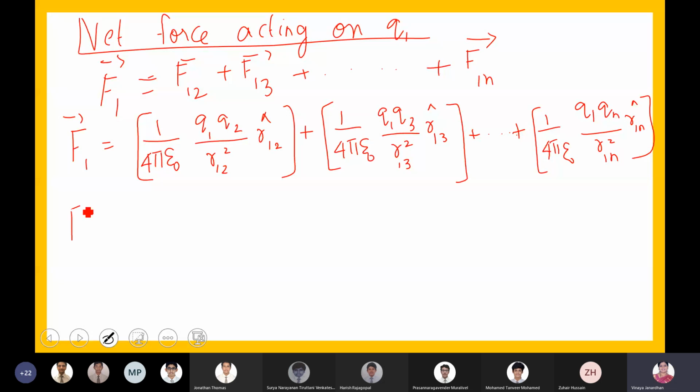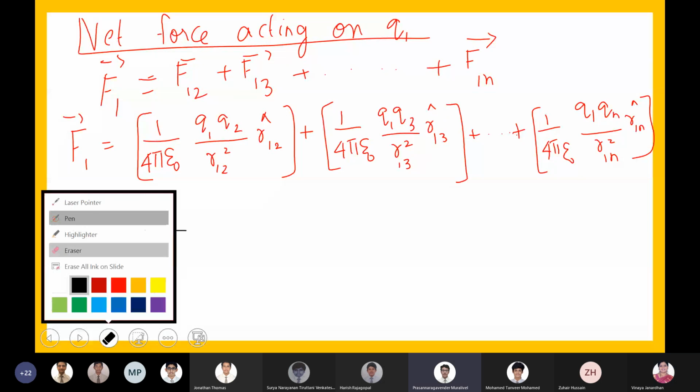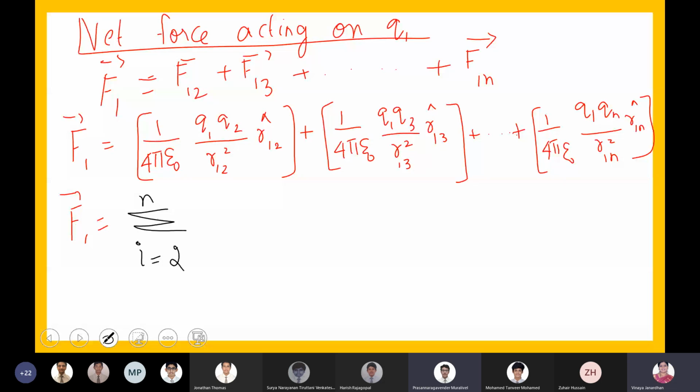Now I can write this as F1 vector is equal to the sum over i from 2 to n, right? 2 to n. 1 by 4 pi epsilon naught Q1 Qi divided by R1i squared, into R1i cap.